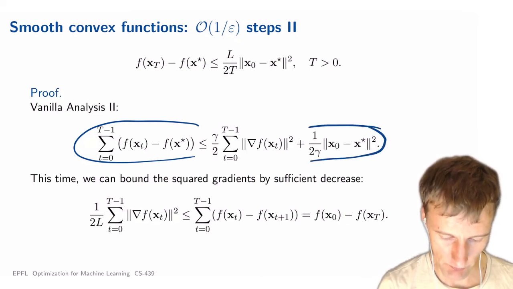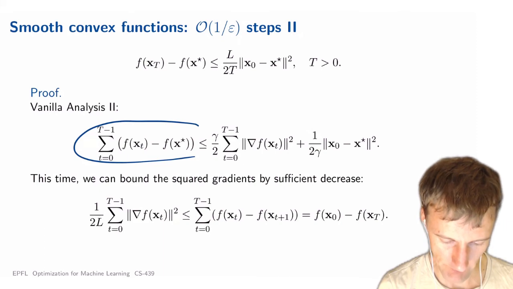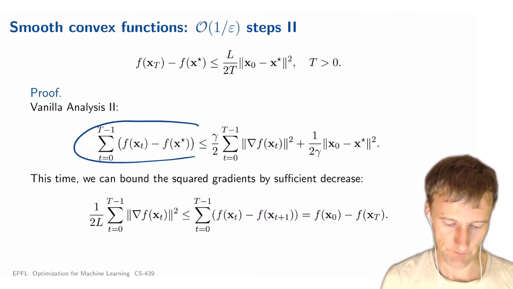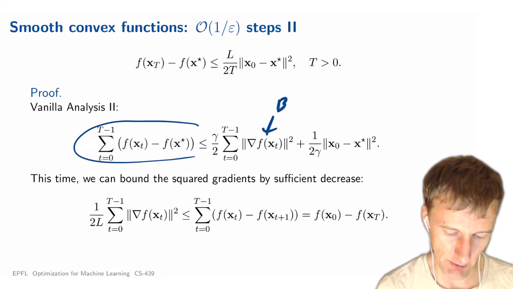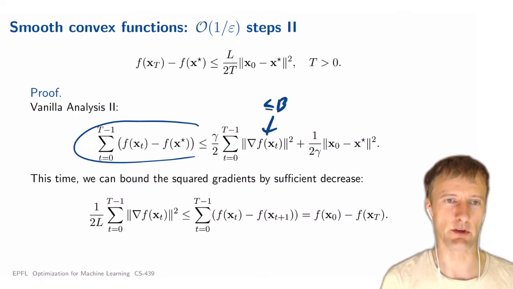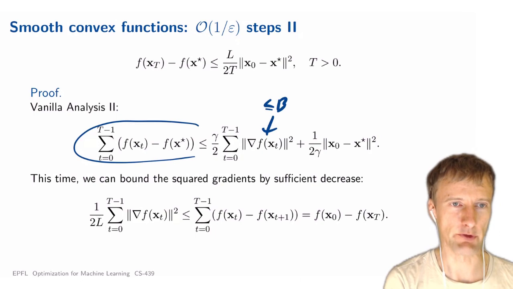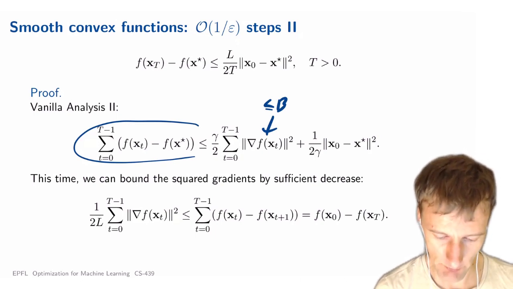So what can we do here? Previously, we just replaced this by saying it's smaller than B, and we had our slow rate, which is the old one. Now we're going to do something smarter.